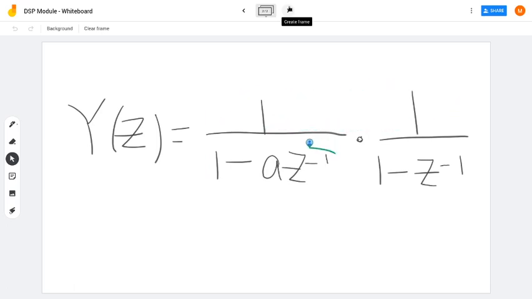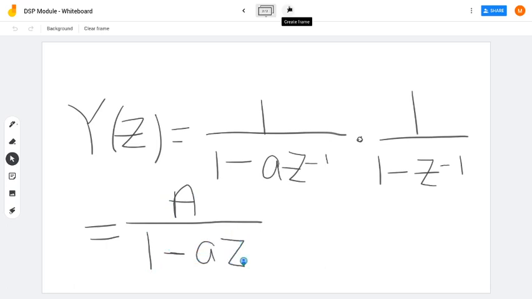So it's a proper rational function, and we can simply write it as a constant A over 1 minus a z to the power minus 1, plus another constant B over 1 minus z to the power minus 1. Of course we can easily find the constants A and B.